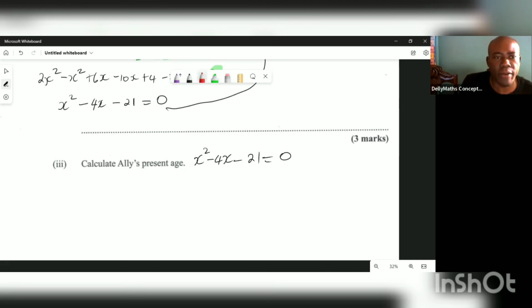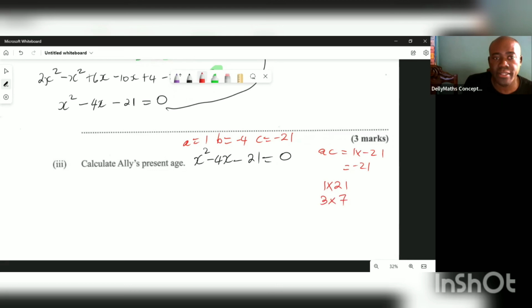So let us say I want to write down my a, which is 1, my b, which is negative 4, and my c is negative 21. So then ac is equal to 1 times negative 21, so we would get negative 21 there. The numbers I'm looking at are 1 times 21, 3 times 7.